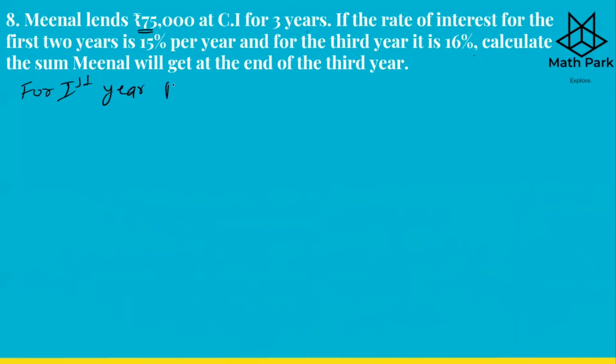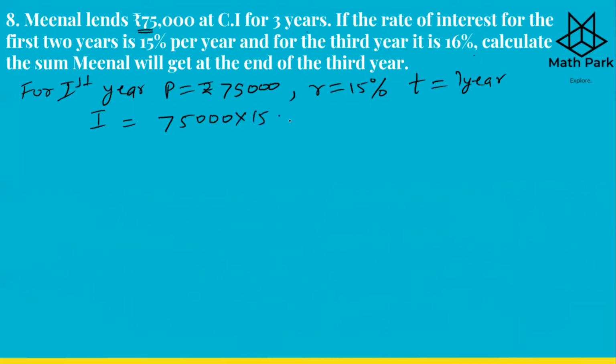So for first year, your principal is rupees 75,000. The rate of interest is 15%. The time is 1 year because we are calculating for first year. So you get interest is equal to 75,000 into 15 into 1 upon 100.